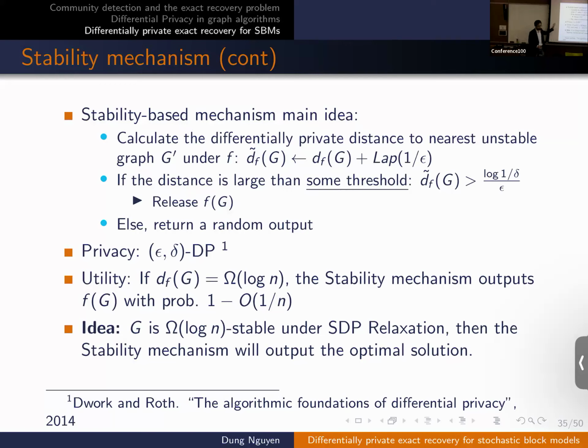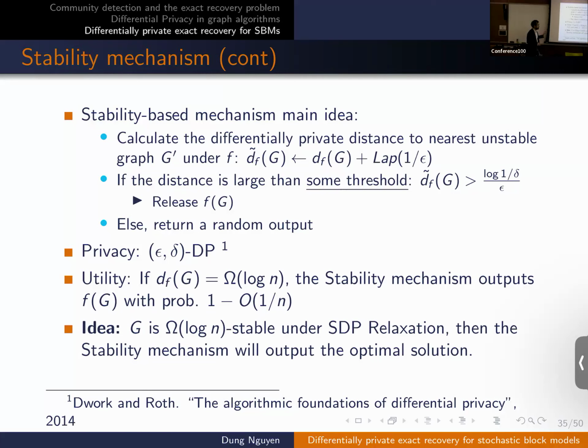So this is the stability mechanism, and the privacy comes with the mechanism. Basically, you plug any input graph G or any function f into this mechanism, and it's still epsilon-delta differentially private. So the privacy guarantee comes with the mechanism, and we can just use this as a black box.